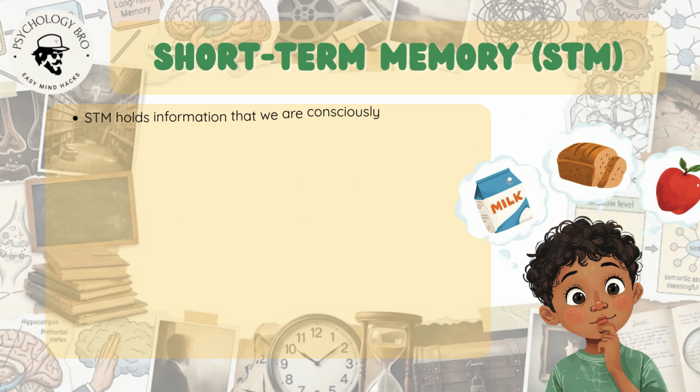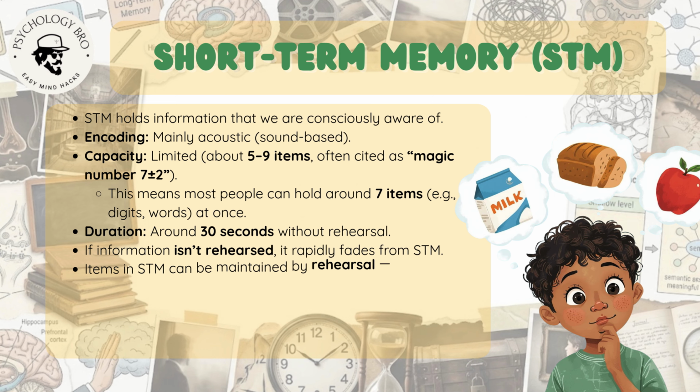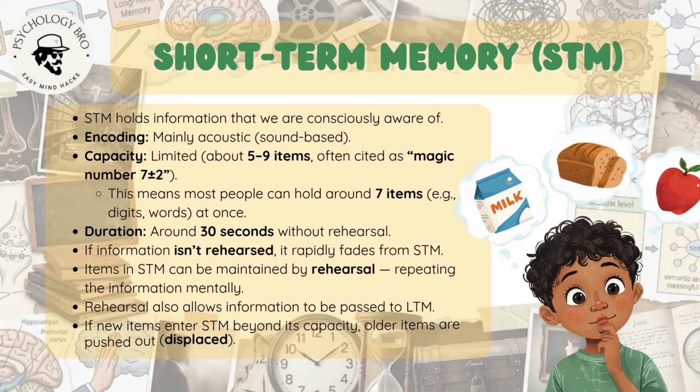That brings us to short-term memory, or STM, which holds the information that we are consciously aware of at any given moment. In STM, encoding is mainly acoustic, meaning it is sound-based. The capacity of STM is limited to about 5 to 9 items, which is often cited as the magic number 7 plus or minus 2. This means most people can hold around 7 items, like digits or words, at once.